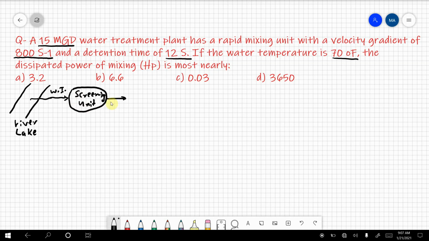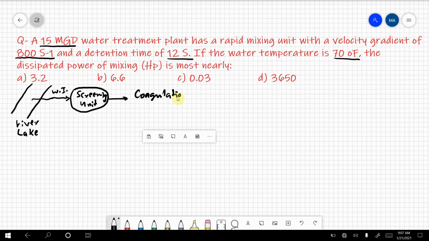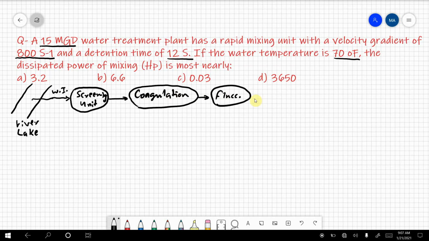And then we go to the following process, which is coagulation. And this is where the rapid mixing is happening. And then after coagulation is the flocculation, the slow mixing.